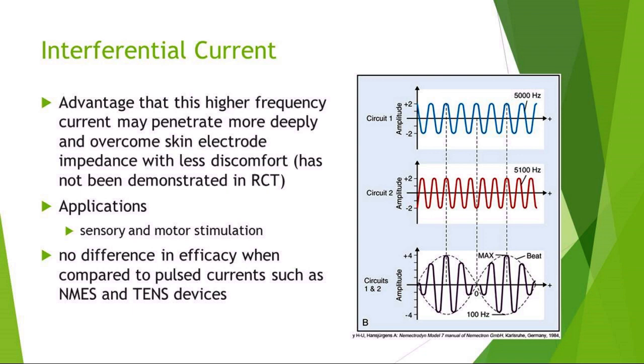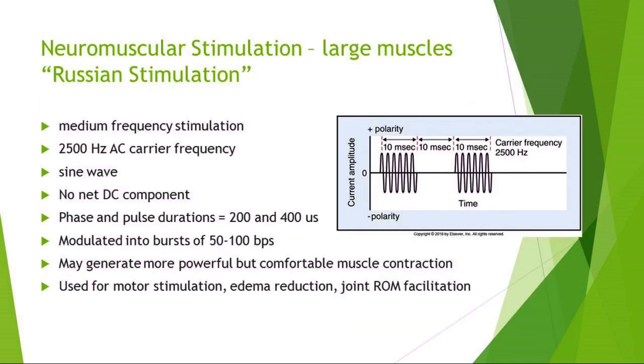Or just some people have their habits. They like one machine better than another. So there are advantages to using different ones, but there's no difference in efficacy. So you're going to get good effects from any device if you set the parameters right.